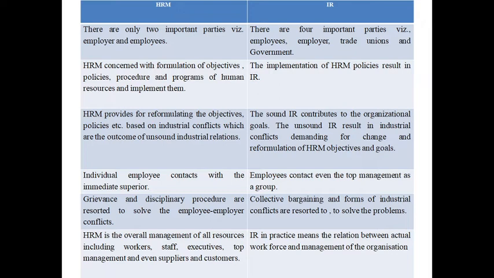An employer's interest is to increase productivity, and employees' objectives are to serve their individual interest and also contribute towards the organizational goal.